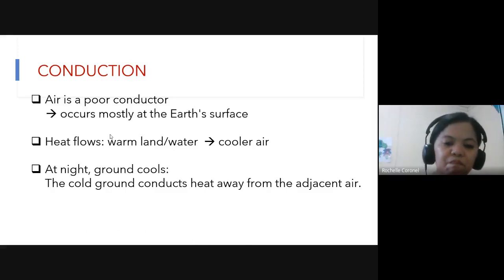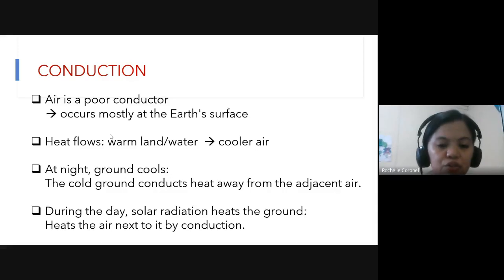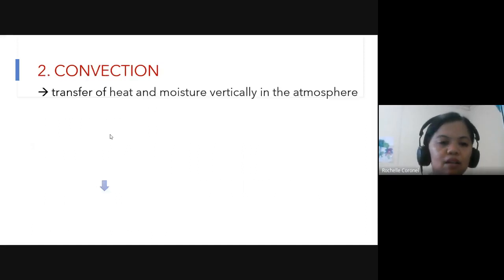That's why it's cold at night, right? During the day, again, solar radiation hits the ground, so it heats the air next to it by conduction. So it's hot at noon, at least near the surface, near the ground.